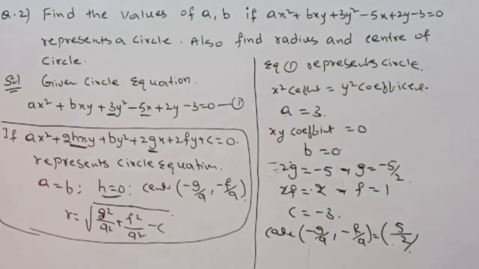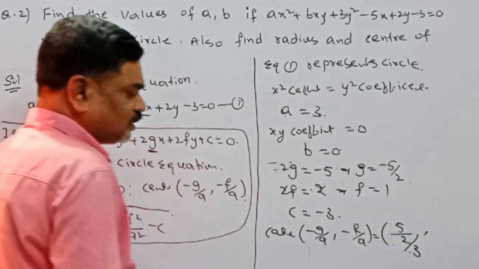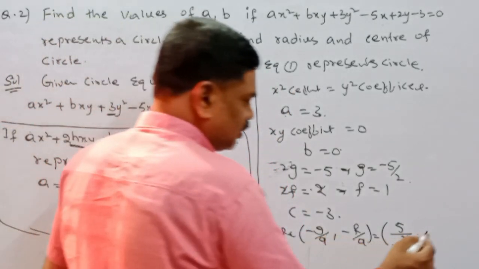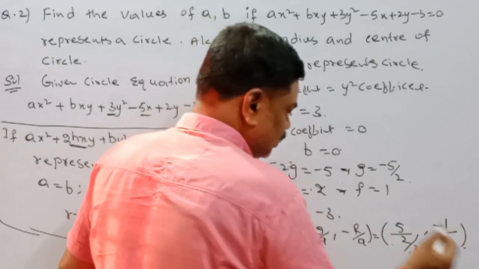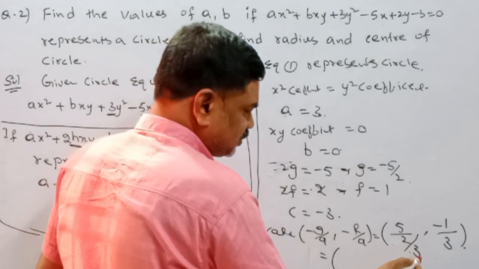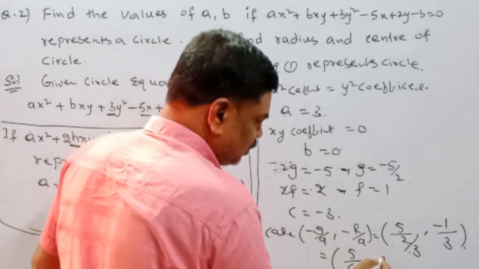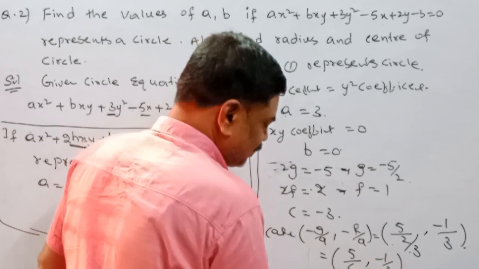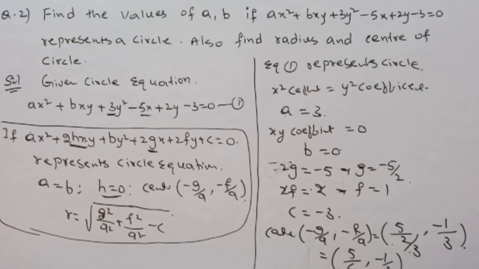What is the a value here? 3. Comma minus f by a, that is minus 1 by 3. You can take this as 5 by 6 comma minus 1 by 3, which is the center of the circle.